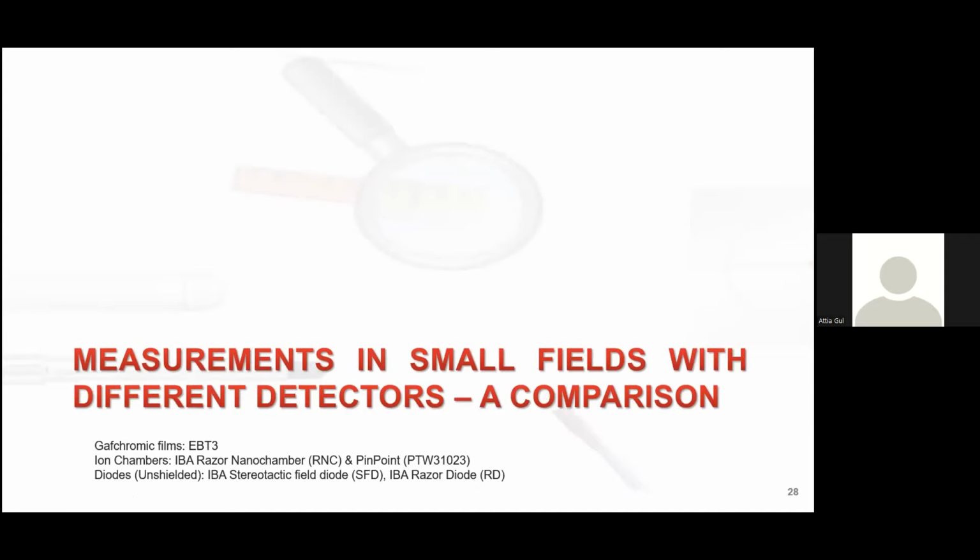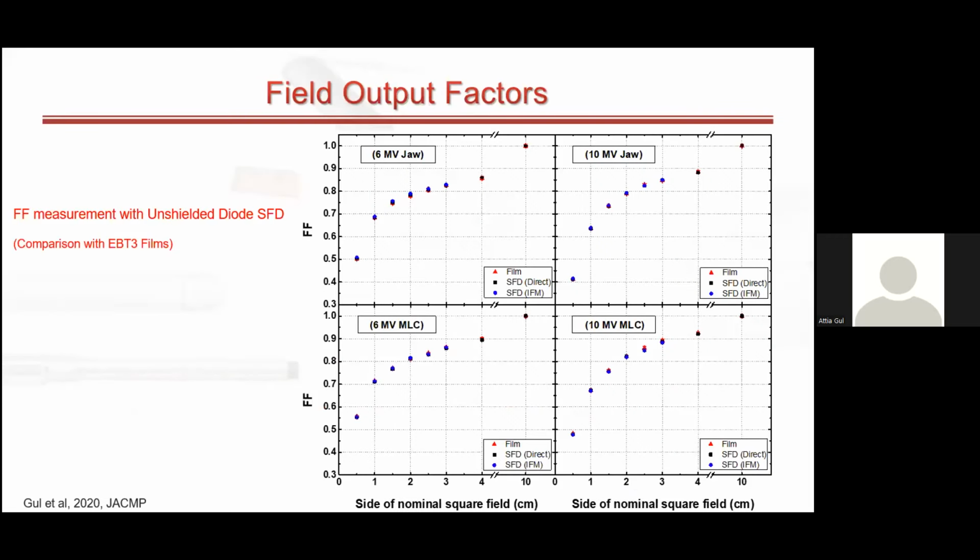I will also present correction factors of these detectors, because their correction factors are not available in TRS 483, which was published in November 2017, but these detectors were made commercially available after that. So this is the field factor measurement with unshielded stereotactic field diode and EBT3 films.